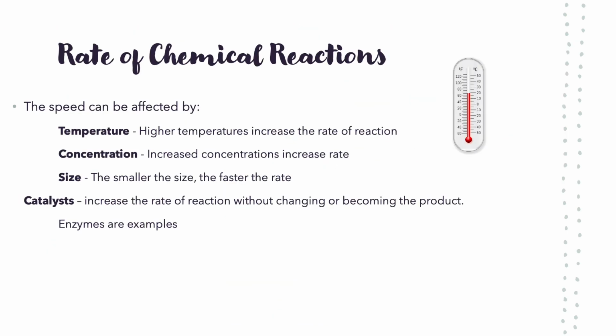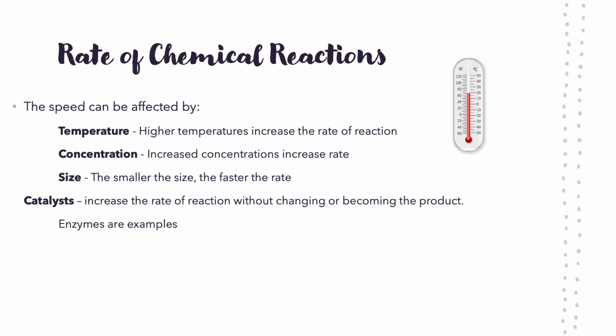So this is just like an introduction. I'm still going to talk about what really happens in terms of the rate of chemical reactions, but the speed of chemical reactions can be affected by temperature, concentration, and size. So for temperature, the higher temperatures increase the rate of reaction.